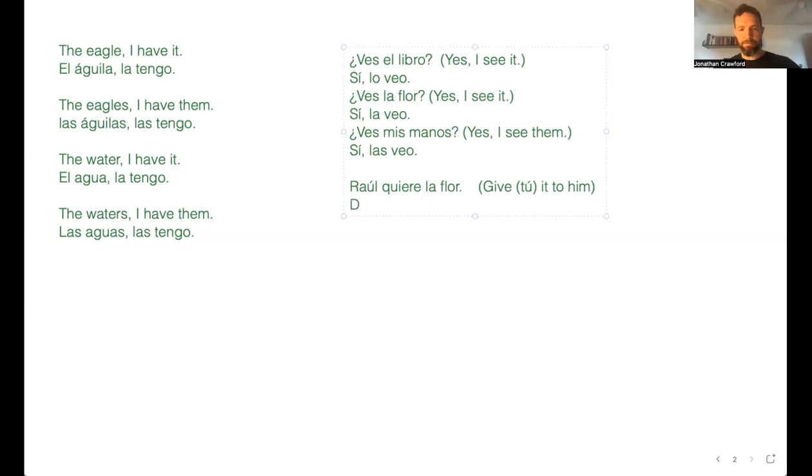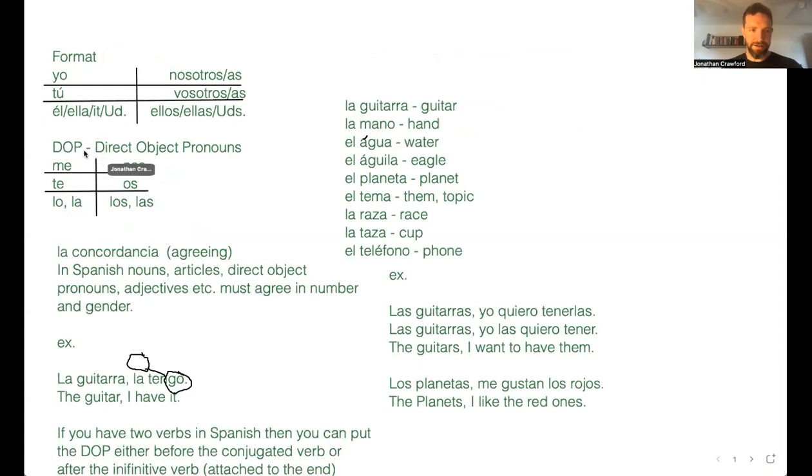So we're going to say da. Now, normally, dar is a transitive verb, meaning if you want to say give, then you need something to give, and it's going to require a direct object pronoun, like one of these, like give it.